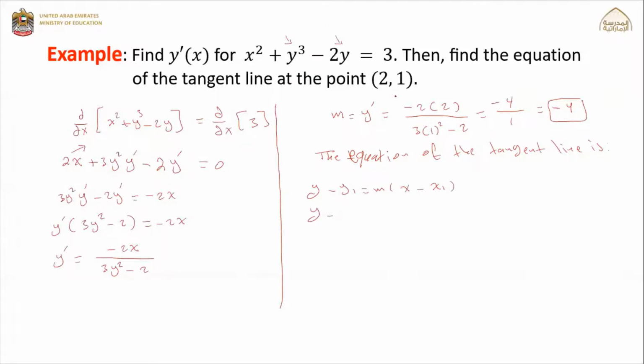Y1 is 1, the slope is negative 4, and x1 is 2. This is the tangent line equation, or I can simplify it as y equals negative 4x, then negative 4 times negative 2 is plus 8, and take negative 1 to the right side, which is plus 1. So the final result is y equals negative 4x plus 9.